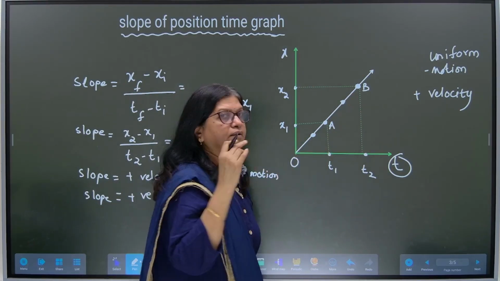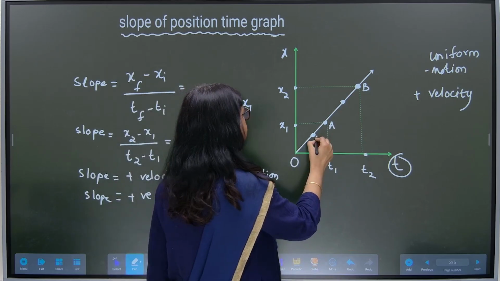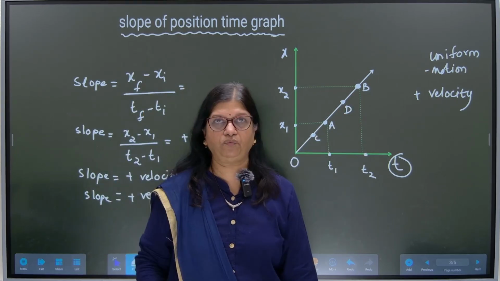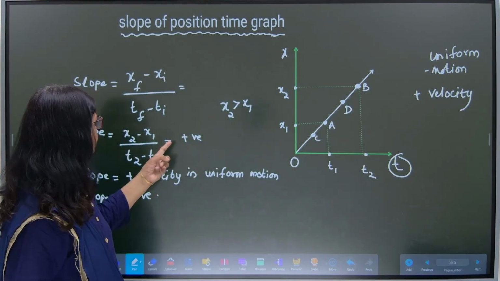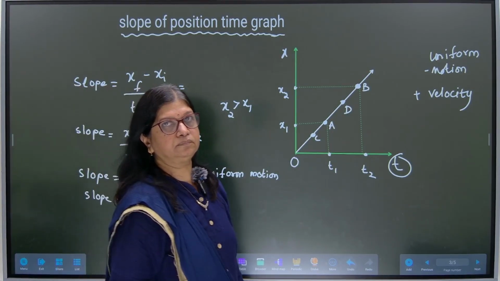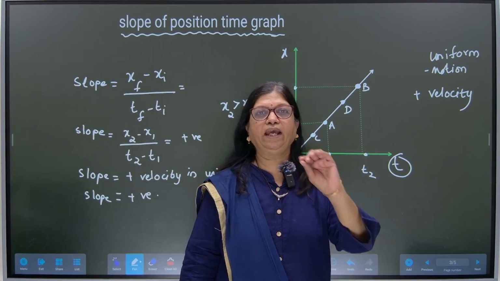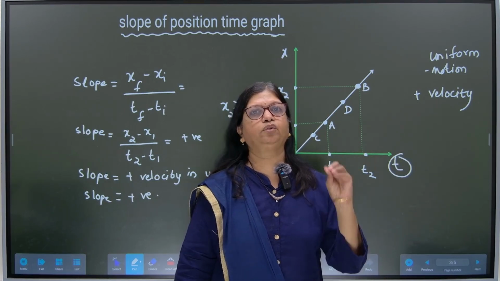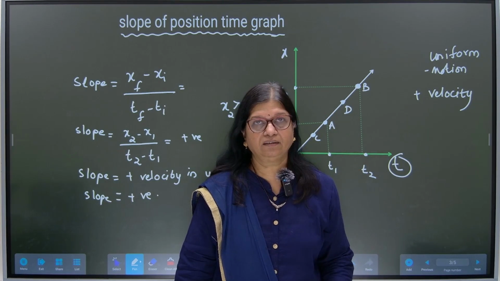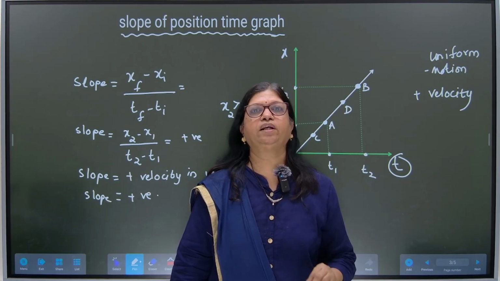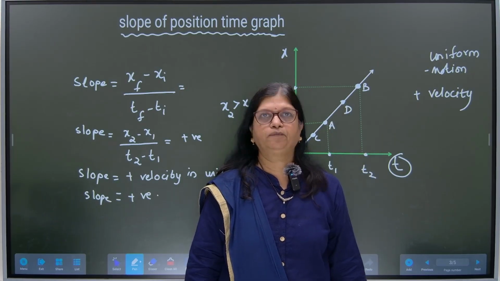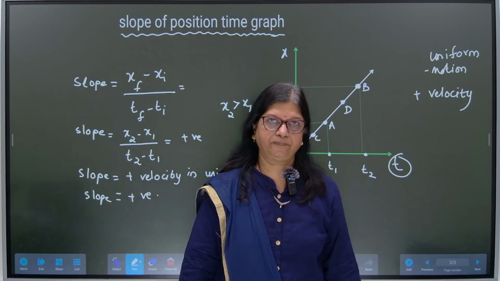Let me name them C and D, then the slope of CD will also have the same value as the value which I would get here. So any points I can consider, I am going to get the same value for the slope, such that the velocity's value will remain the same throughout the graph. Fine, any points I can take.